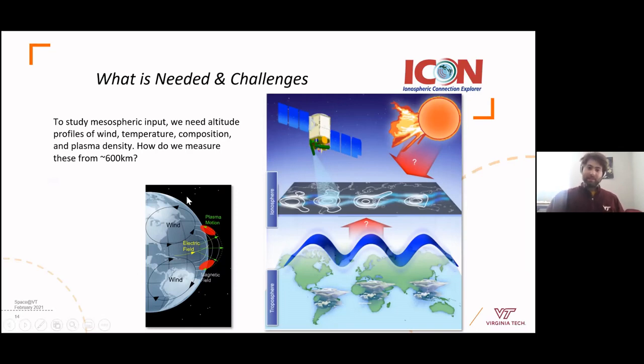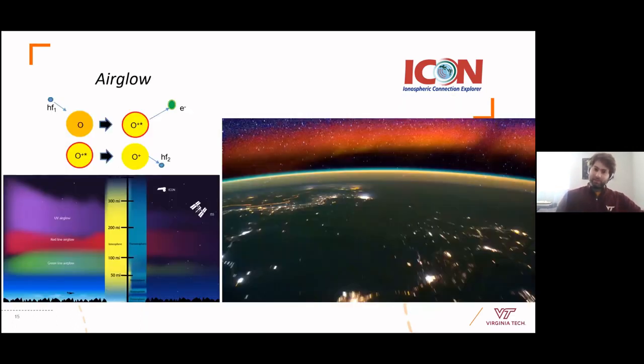If we're up at the location of ICON at 600 kilometers and we want to see wind speed at 200 kilometers, that might seem difficult. So how are we going to remotely sense that information? And the key to all of this is going to be airglow. Now, later we'll get into how airglow is going to help us, but first let's talk about what it is.